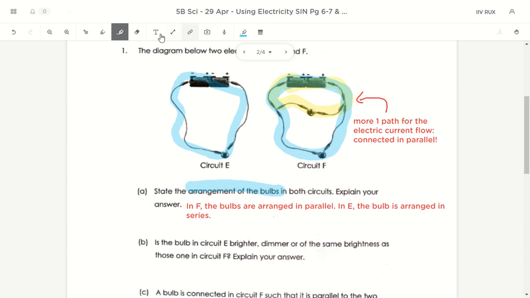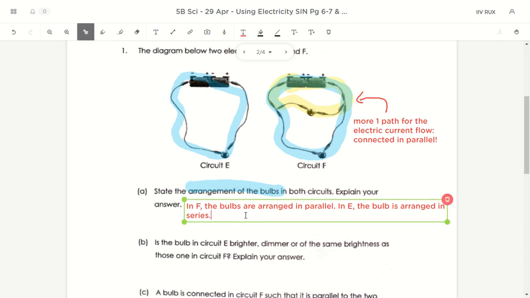Okay, so let's explain why it's parallel. Let's maybe write over here, as there is more than one path, as there are two paths, or you can write two different paths for the electric current to flow.